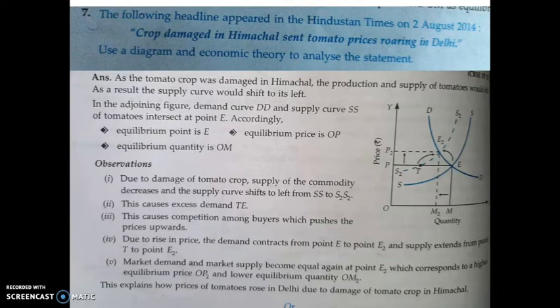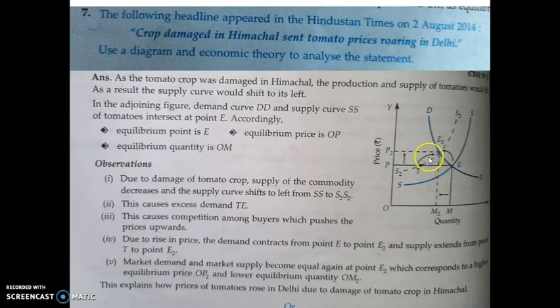There is excess demand, and it causes competition among buyers, which pushes the price upward. We know that if price rises, demand will decrease, so there is a contraction in demand, from E to E2. E2 is the new equilibrium point.